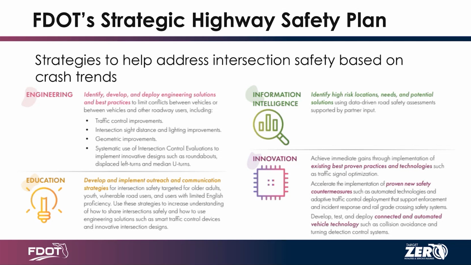You may be familiar with the 4 E's: engineering, education, enforcement, and I think the fourth E is emergency response. It also includes some additional categories, including information and intelligence, and innovation.